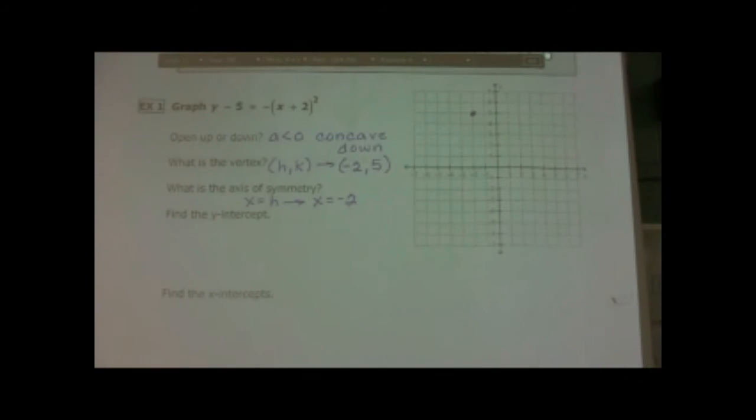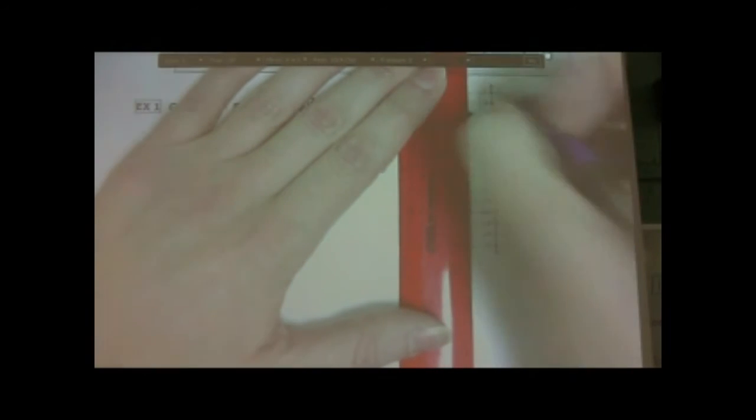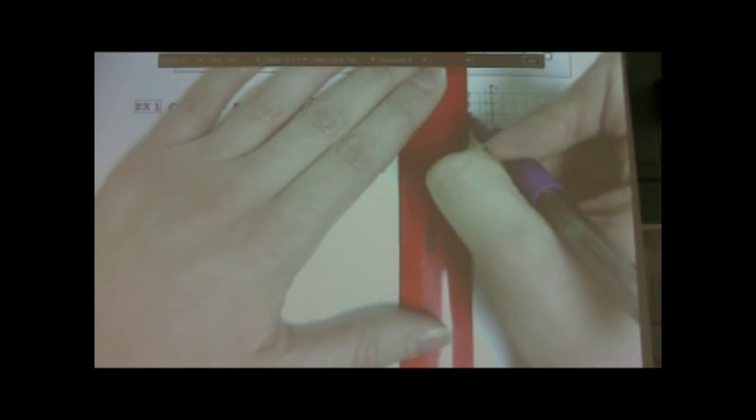The axis of symmetry is the equation x = h. h is -2. So this is the line x = -2. And I'm going to go ahead and draw this in here. And remember your skills at graphing lines. x = -2 is right here.